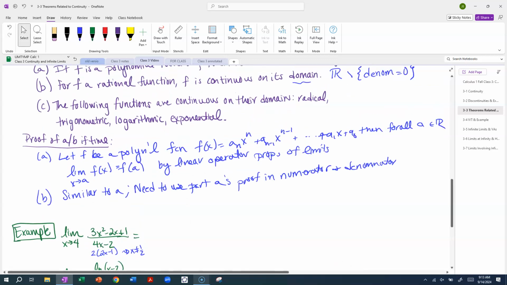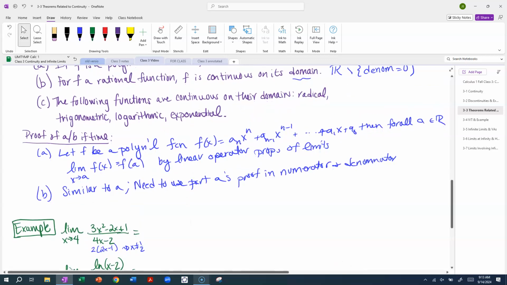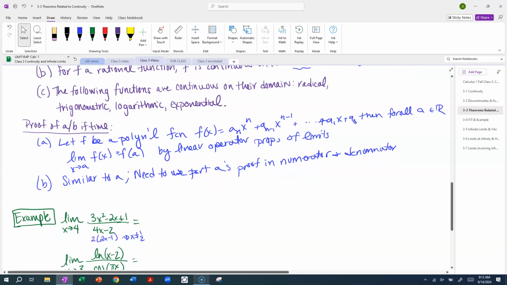What we just saw in part B is that if we have a rational function, it's continuous on its domain. And 4 is in the domain. So if I call this whole thing f of x, by continuity this should just be f of 4. So let's just evaluate at 4.